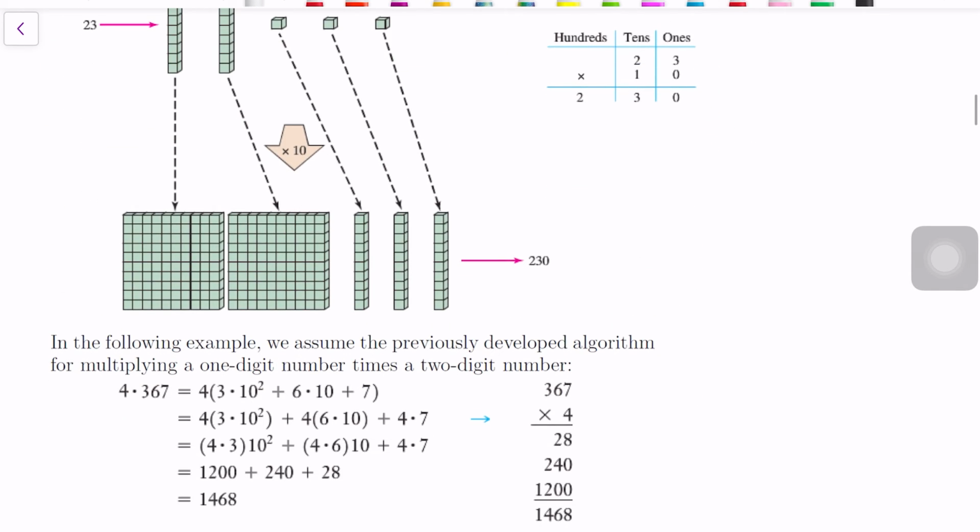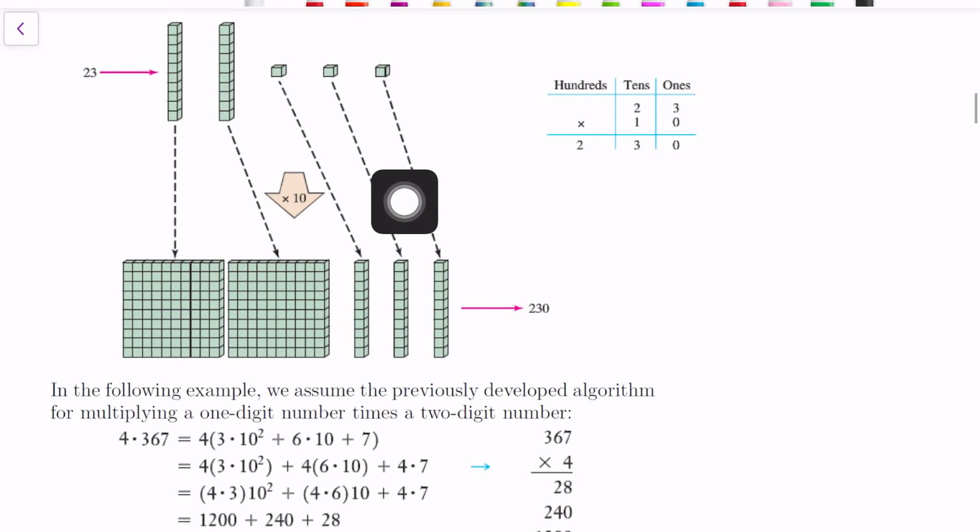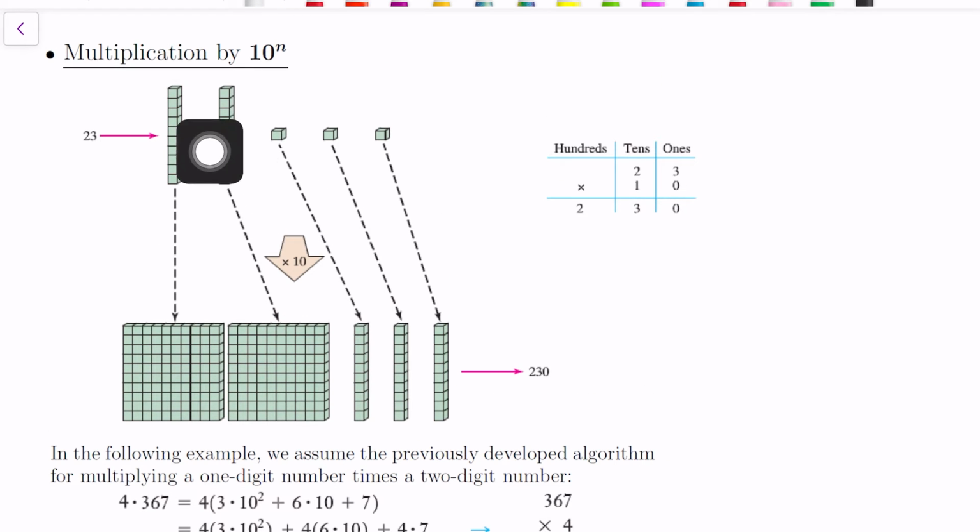Now, multiplying by 10 means that if you were to make copies of 10 longs, it would create a flat, right? So if you multiply by 10, since 10 longs gives you a flat, longs multiplied by 10 become flats.